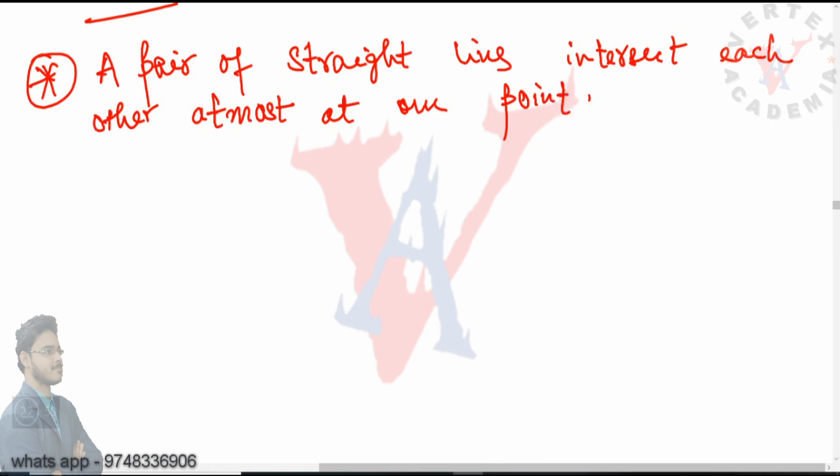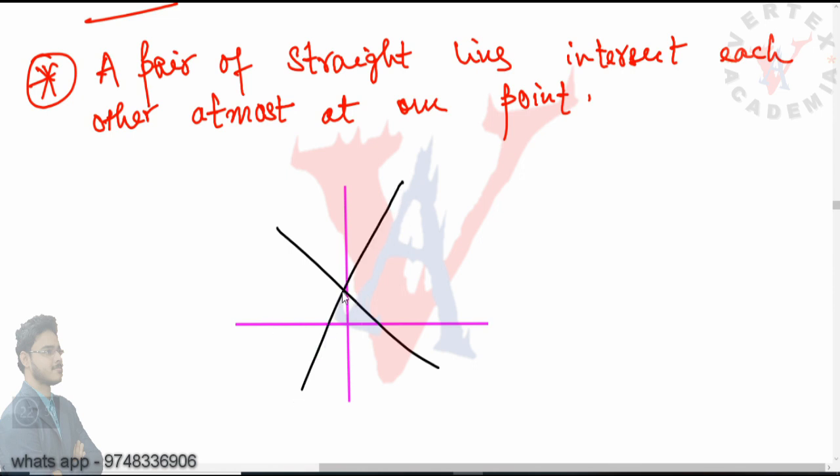What I mean to say by this is, if we have two straight lines, for example, this is a straight line and this is a straight line, these two straight lines can cut each other at most at a single point.